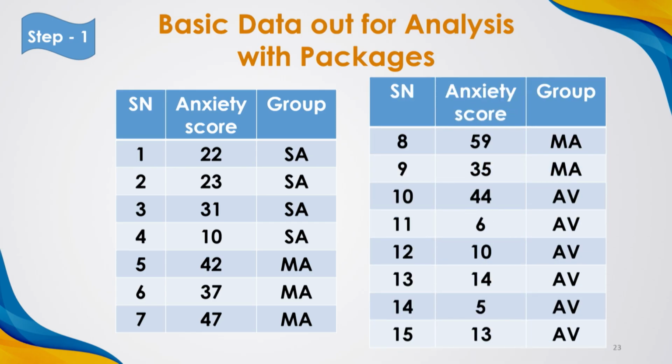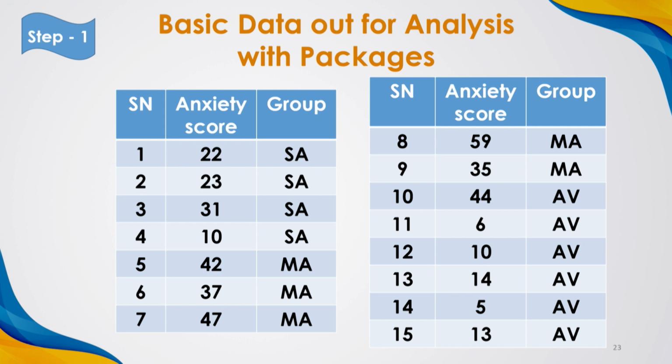So, it is important to know that when we are trying to do research on any research problem, we should know how to represent that in a data layout format, which can be easily accepted by the statistical packages. So, we are going to deal with only 2 variables, dependent variable and independent variable. Now, the dependent variable is the anxiety score, for example.